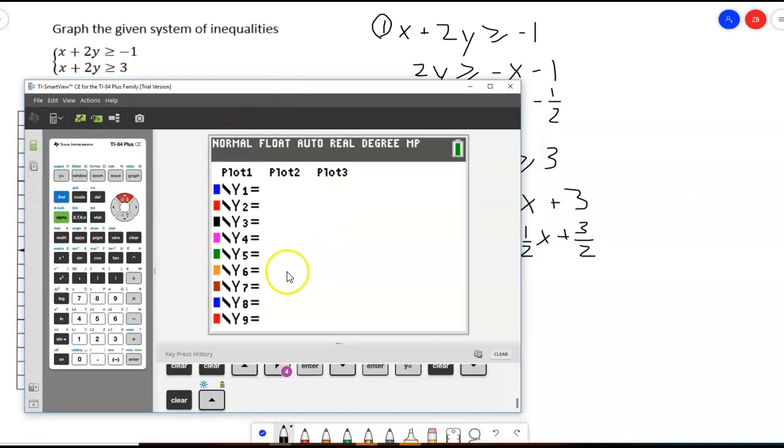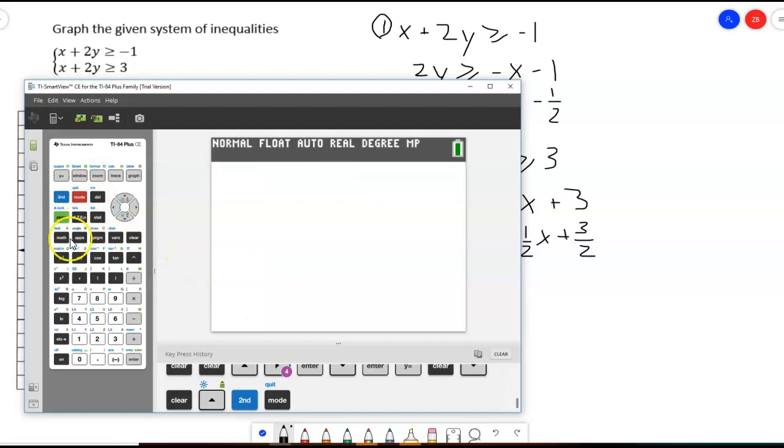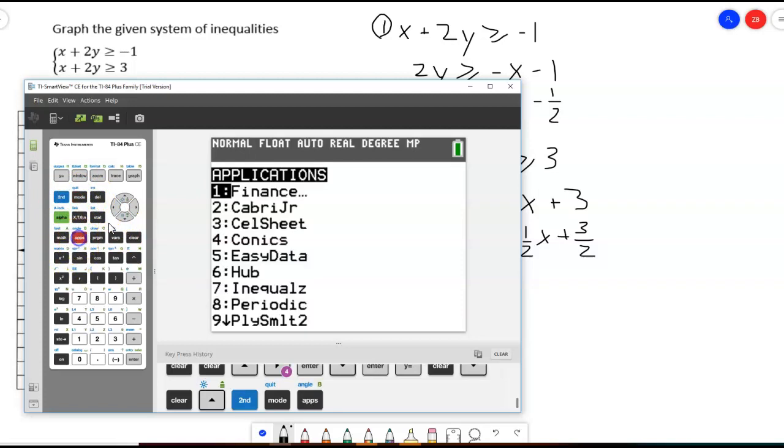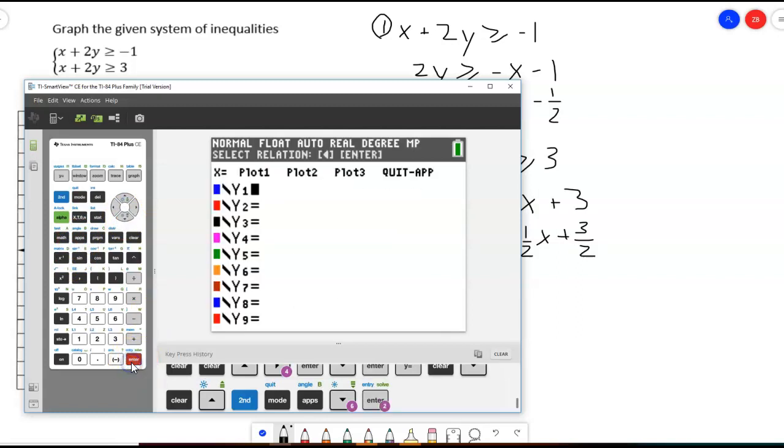What I'm going to do here first is quit out of this and hit my apps key. I'm going to go to where it says Inequalz, hit that, hit enter again, and this is an app in our calculators that we can actually use to graph inequalities.